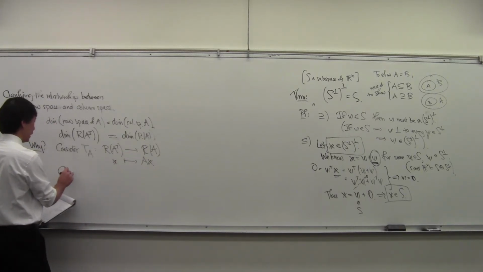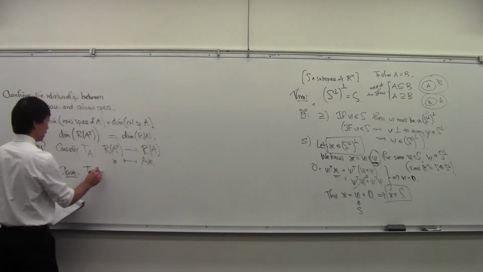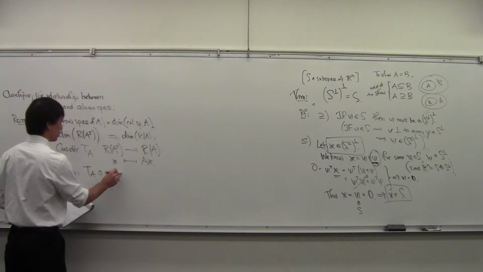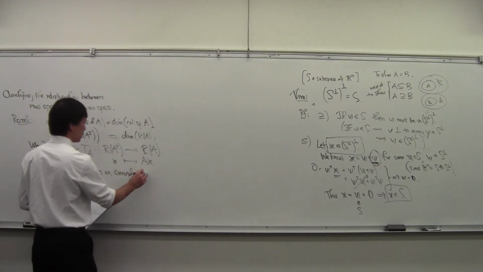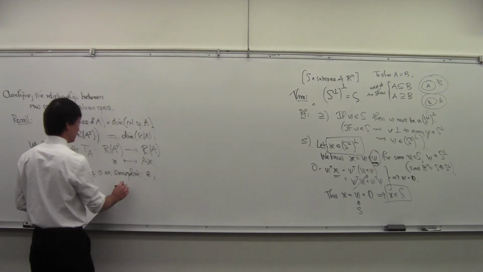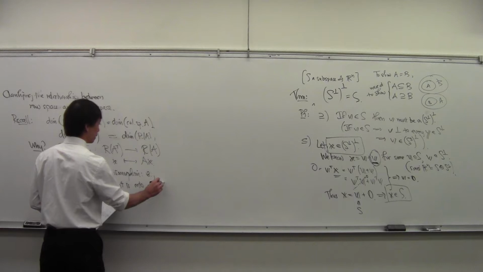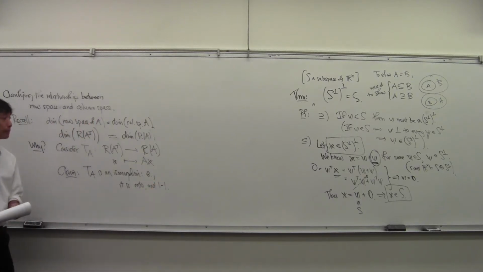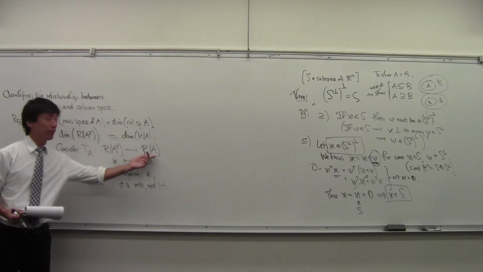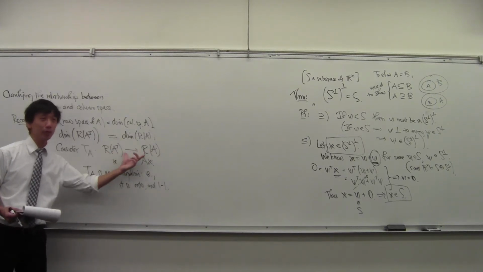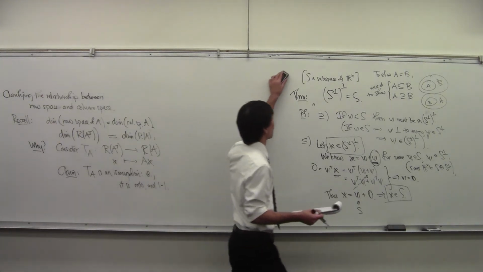I claim that the map is an isomorphism. In other words, it is onto and one-to-one. In other words, the range of A transpose and the range of A are actually isomorphic to each other. They're basically the same subspace.